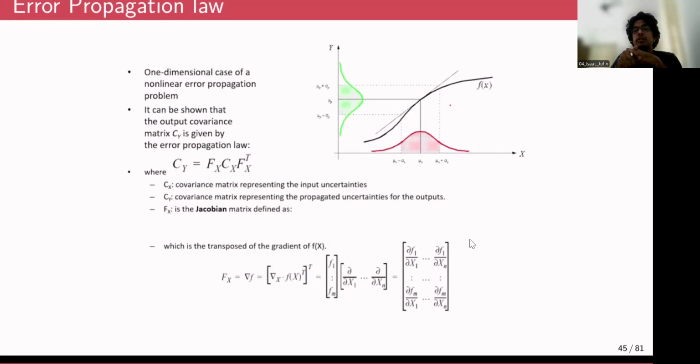Once you do sufficient experiments, you will be able to know what sort of distribution you can fit over the covariance matrix representing the input uncertainties. And once you have these input uncertainties, you can determine the output uncertainty, which is the position estimate, using this expression.